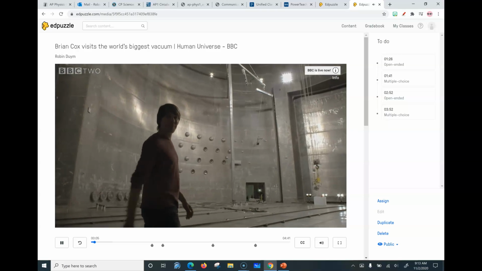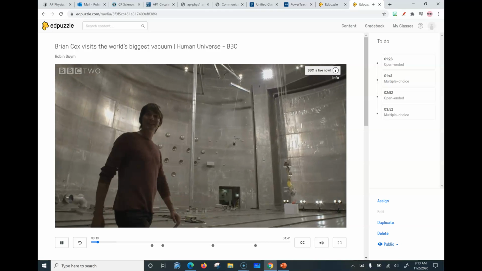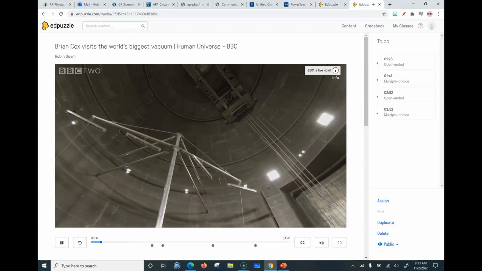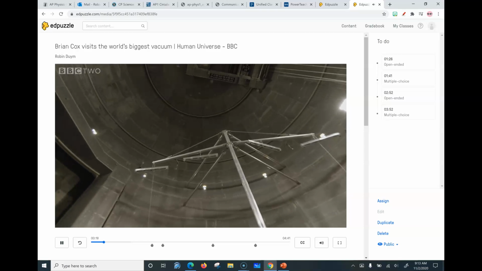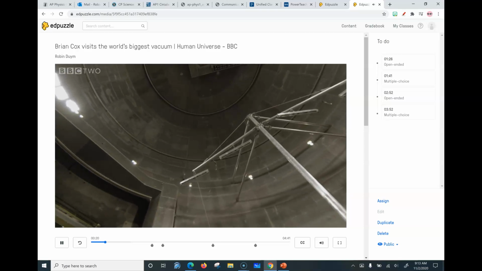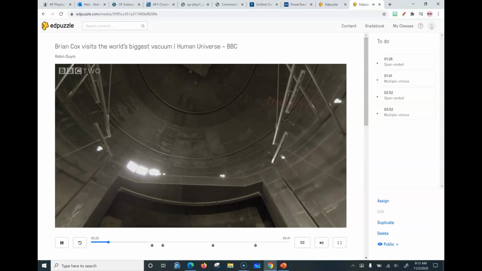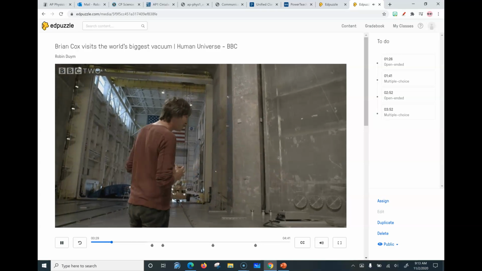This is NASA's Space Power Facility near Cleveland, Ohio, and it is the world's biggest vacuum chamber. It's used to test spacecraft in the conditions of outer space, and it does that by pumping out the 30 tons of air in this chamber until there are about 2 grams left. It has an eccentric construction, which is part of its history.